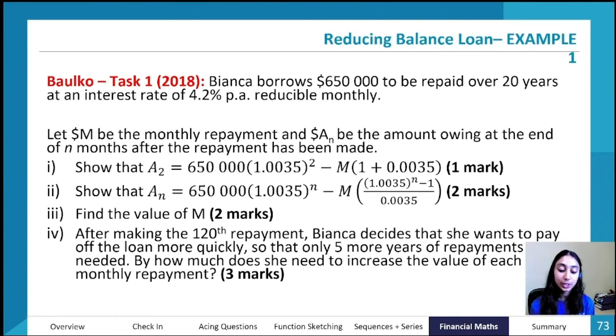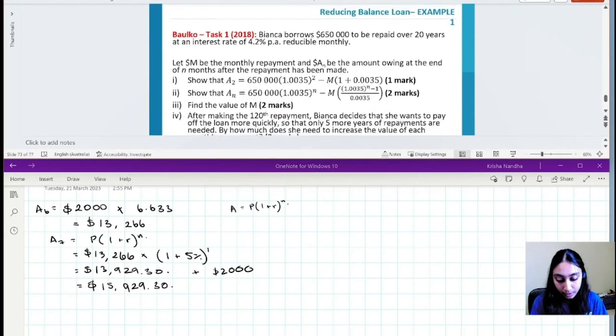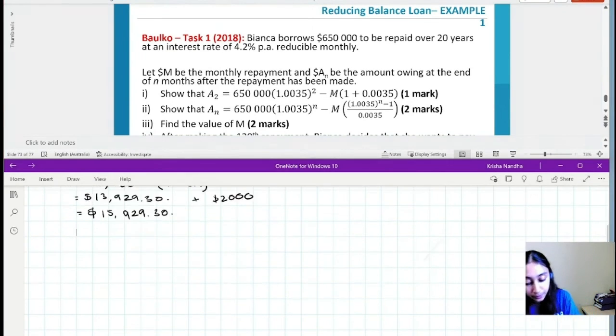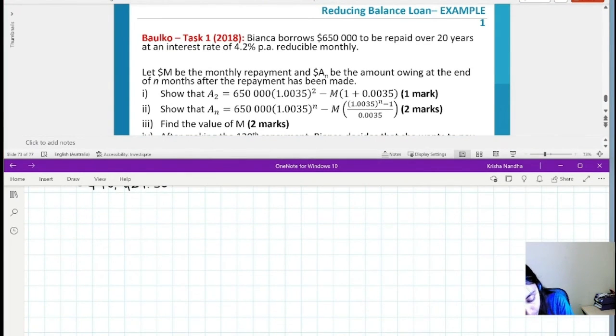The first question is to show that A2 is equal to 650,000 times 1.0035 squared minus M times 1.0035. For a lot of you guys, this would mean absolutely nothing, so let's go through this. Okay, this is like slide 72 or 73.